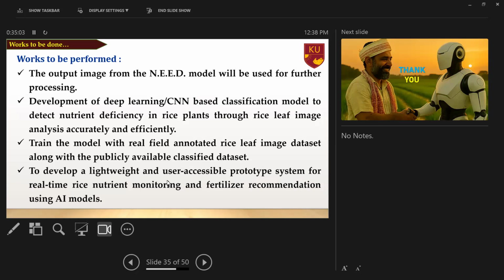After that, we'll collect a real-time annotated rice leaf image dataset, creating a new dataset in the next rice season, and train the model with the real field data. And after that, we'll develop a lightweight and user-accessible prototype system for real-time rice nutrient monitoring and fertilizer recommendation using these AI models. So these are the works I have done till now and the work to be done is presented here.